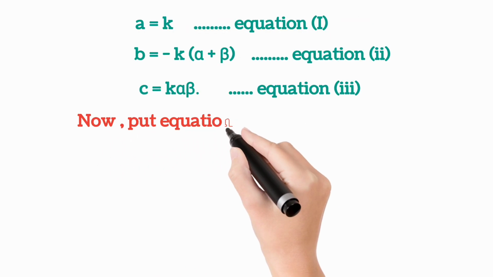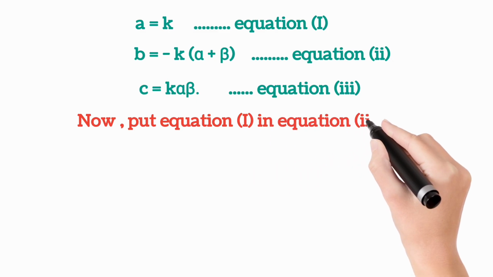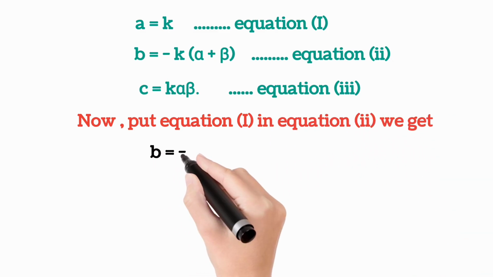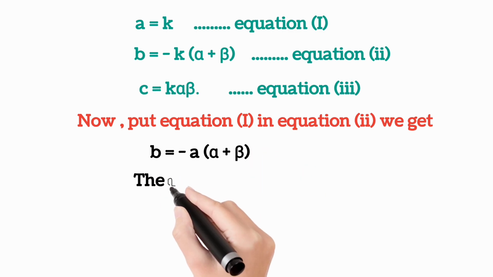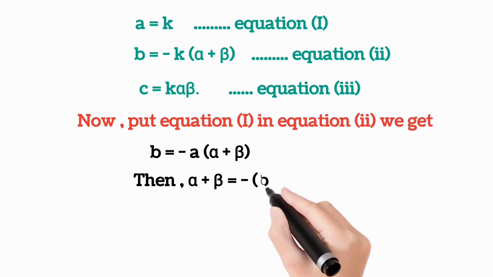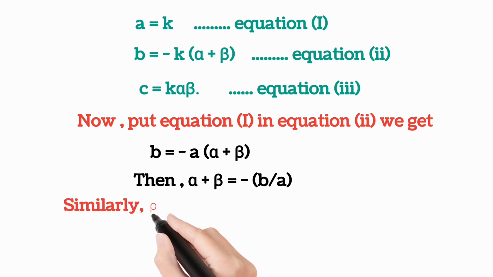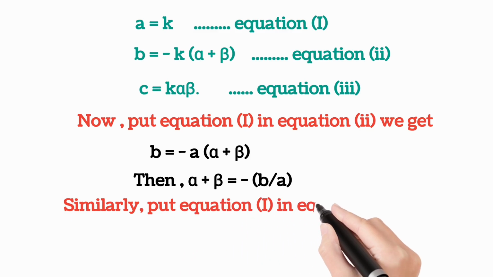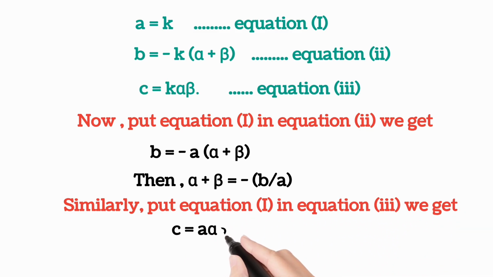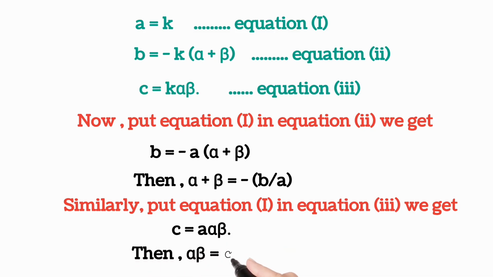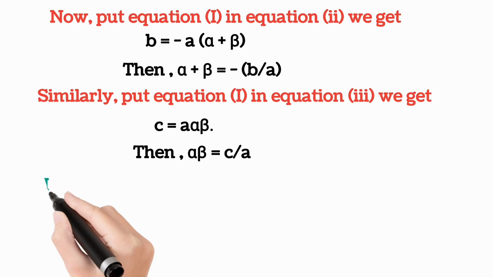Now put equation 1 in equation 2, we get b equal to minus a (alpha plus beta), then alpha plus beta is equal to minus b by a. Similarly, put equation 1 in equation 3, we get c equal to a alpha into beta, then alpha beta is equal to c by a.